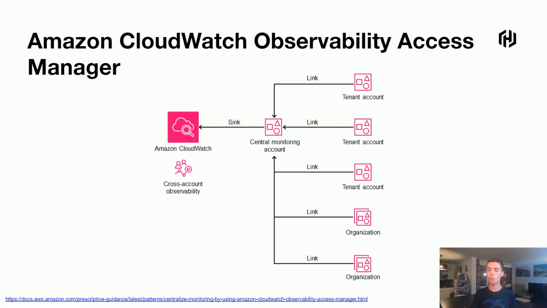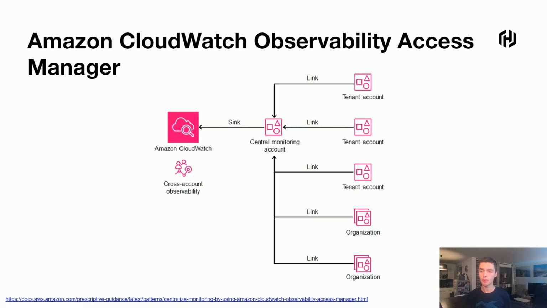We have one central monitoring account that you can see on the schema, and on each tenant account, or organization account, we create a link to this central monitoring account, and this central monitoring account has a sink where the tenant account will send the data, and that's how we can have cross-account observability.